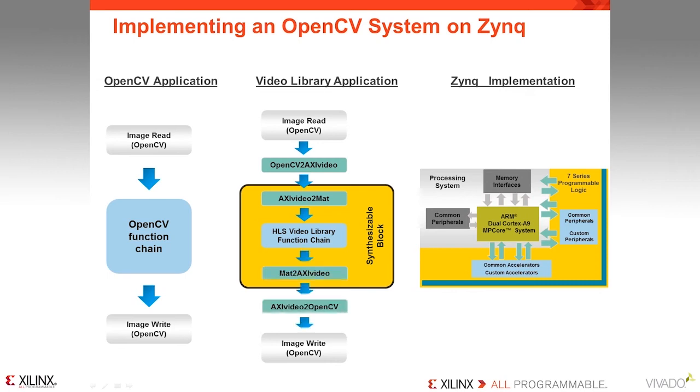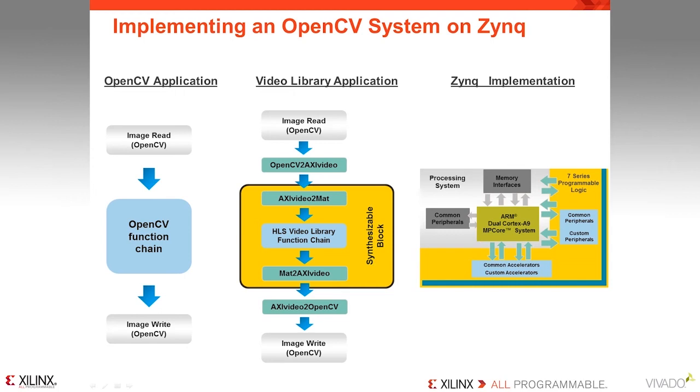Okay. Similarly on the output, we'll convert from the matrix format to AXI and then from AXI format to OpenCV. And the whole reason for this is to enable us to have AXI interfaces on the ports of this synthesizable block, because this will give us A, a high performance interface, and B, allow us to easily connect up with everything else in the Vivado environment. Okay? So that's an overview of what we're going to achieve here.